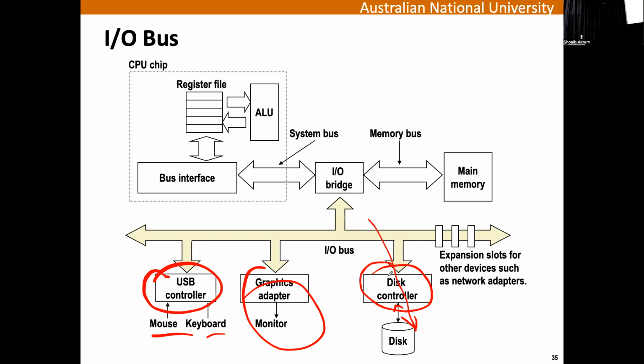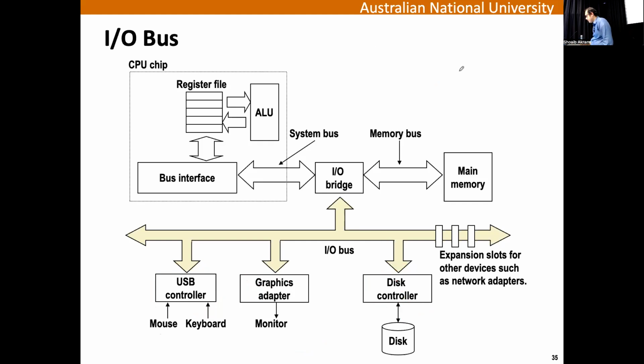These are all communication protocols that the disk controller uses. We don't have to go to that level, but they have different speeds and different protocols. Some protocols are faster than the others. So we have the system bus, the memory bus as before, and we have the I/O bus.